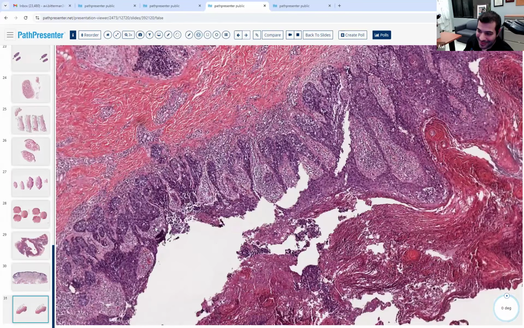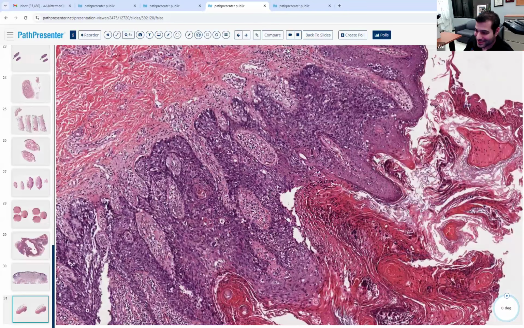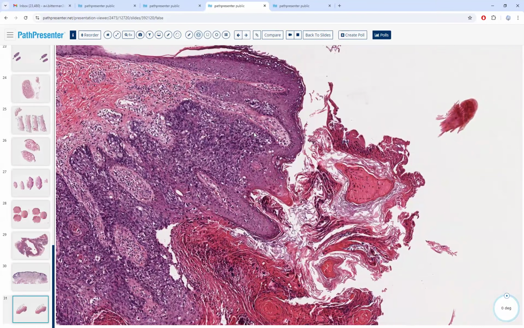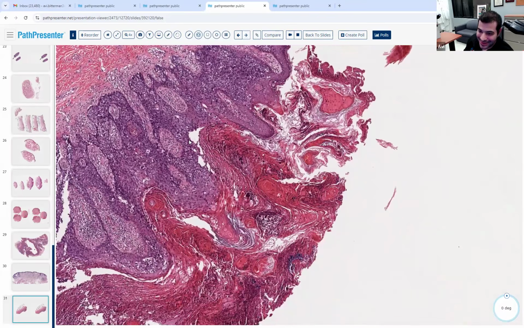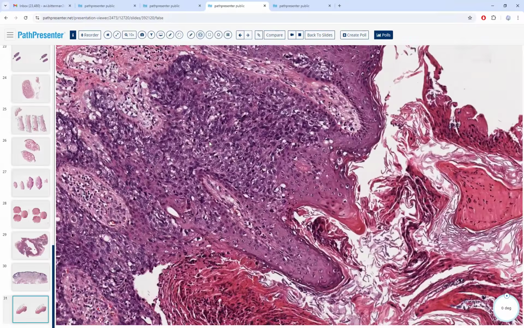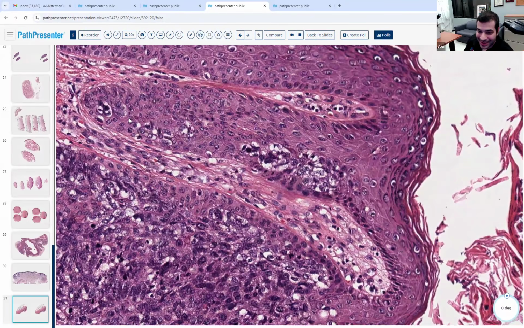And what's our epidermis look like over here? Hyperkeratotic. There is hyperkeratosis. It's very vacuolated. What's the differentiation?